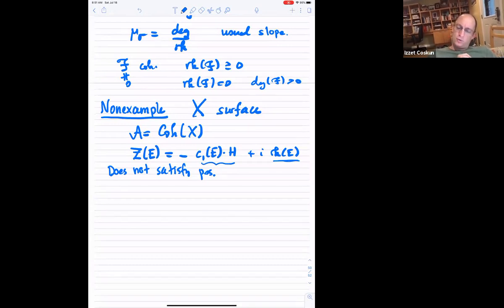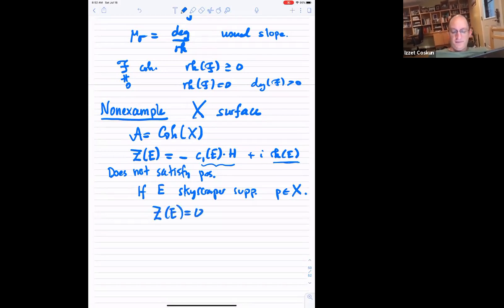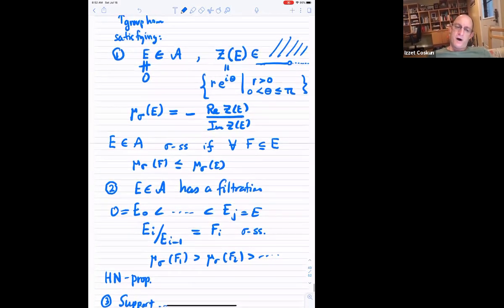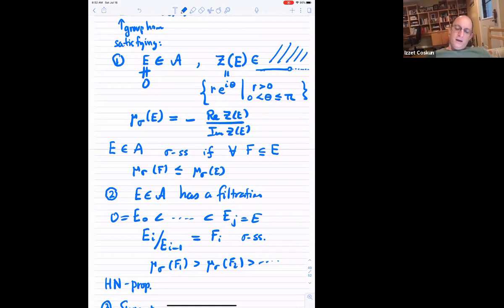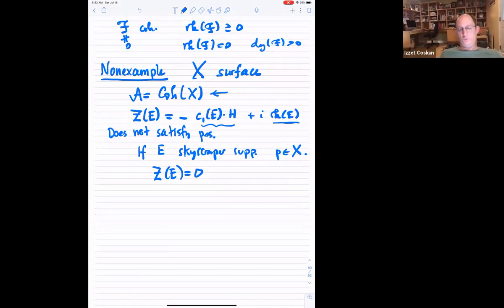The problem is for torsion sheaves supported on points. If E is a skyscraper sheaf supported at one point, say p in X, then you see that Z of E is 0, even though E itself is not 0. So it doesn't satisfy this positivity property. In fact, it turns out that you cannot make an example of a Bridgeland stability condition on the surface if your heart is the usual coherent sheaves. You need to do something.